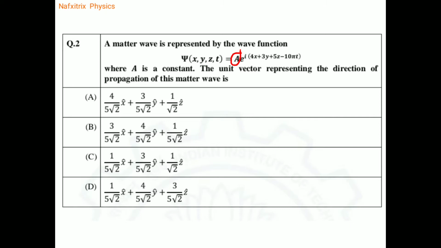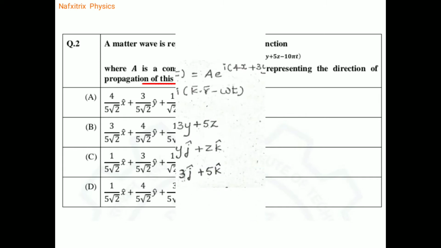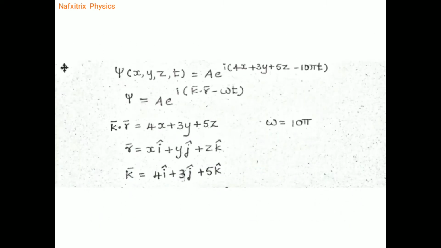So now we need to find the unit vector in the direction of propagation of this matter wave, the direction in which the wave propagates. For example, if we consider an electromagnetic wave, the electric field vector will be in some particular direction, and the magnetic field vector would be perpendicular to the electric field vector.